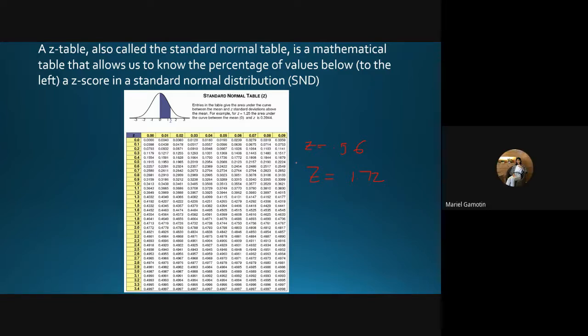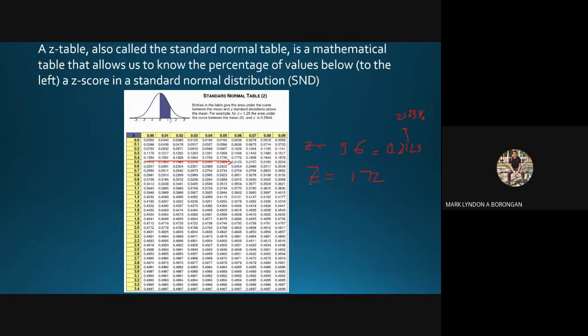Based on the standard normal table, sir, 0.56 is 0.2123. Very good. That is 0.2123, or in percent form, 21.23%. Thank you, Miss Gamutin.